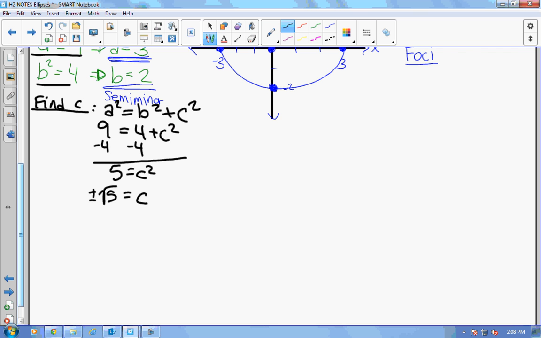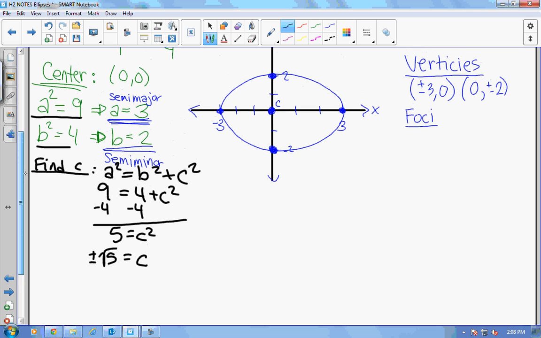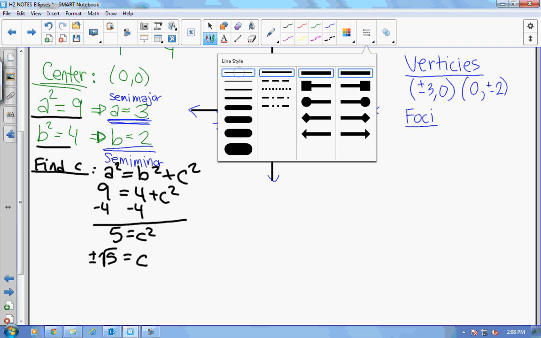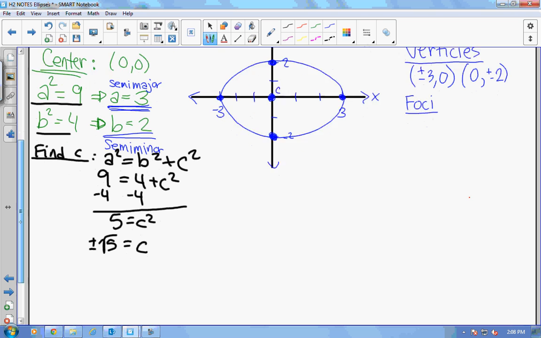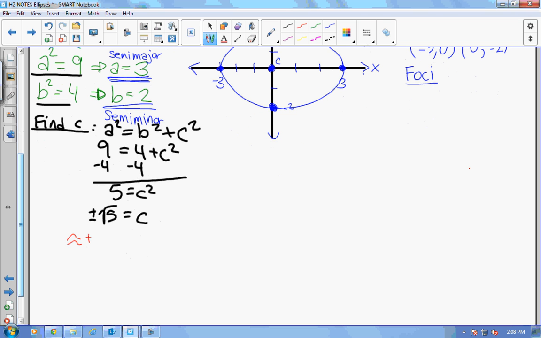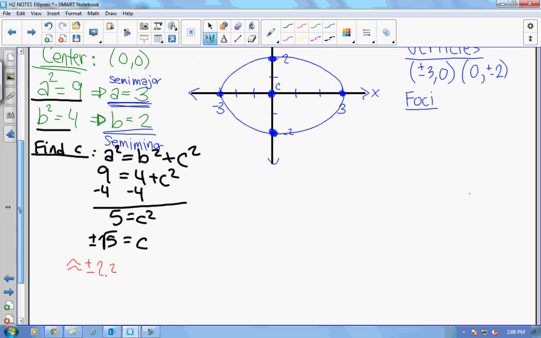But it has to be on the focal axis. Which axis is the focal axis? The x-axis in this case, because it has to be the wider side. For graphing purposes, we need to know the decimal. What's the square root of 5? It's approximately 2.2.